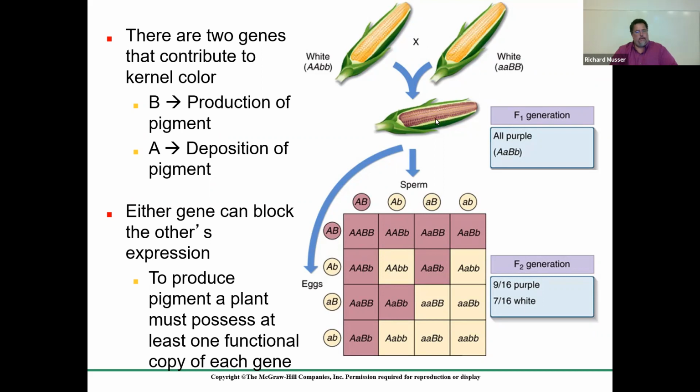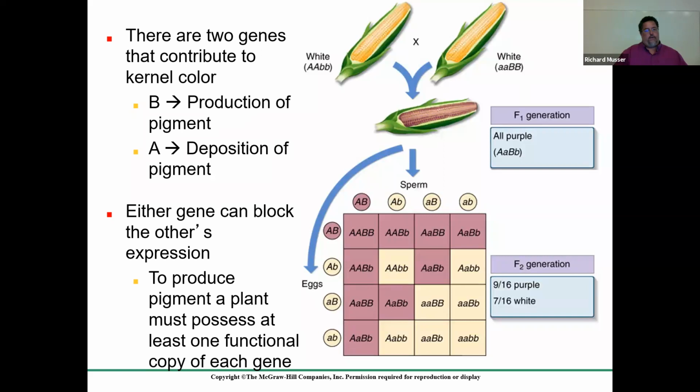And why is that? Is that because of something about the pigments or whatever? Well, what we find out is that A is important for depositing the pigment and B is important for making the pigment. So it's both of these genes that are involved. So it's not a simple case of big A being dominant and little a being recessive, like would have been expected. Does that make sense to everybody?